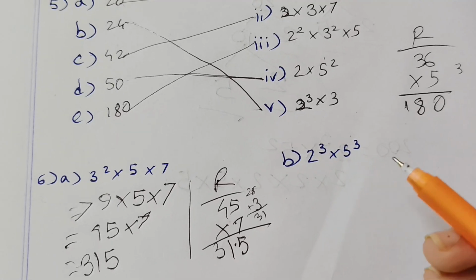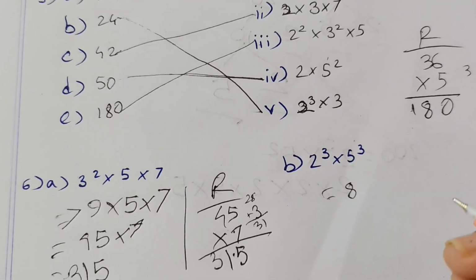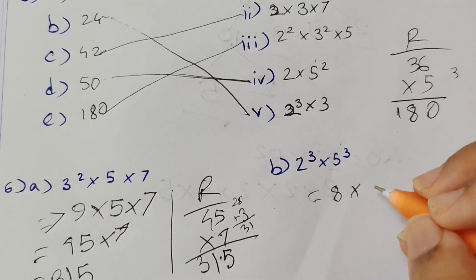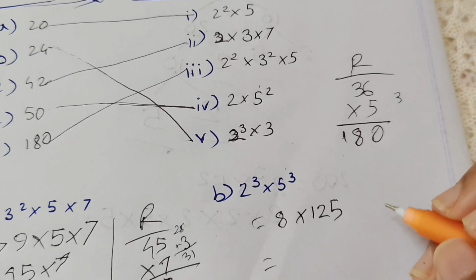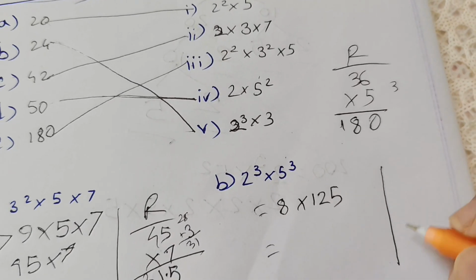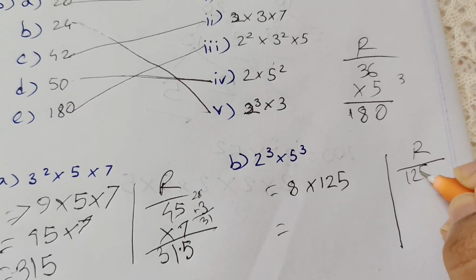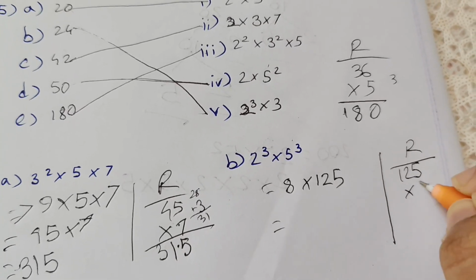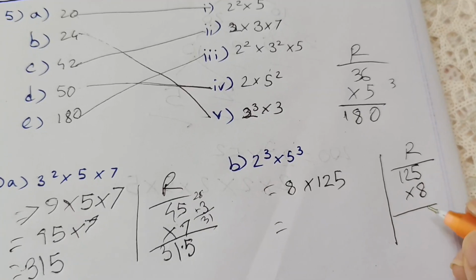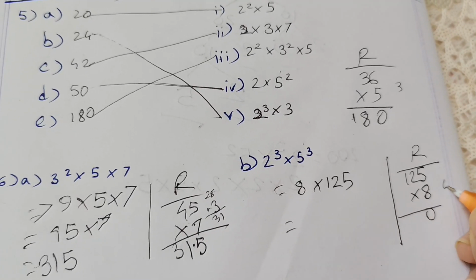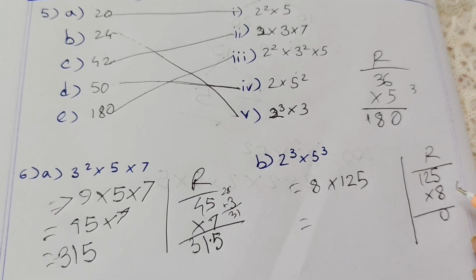Now let's do 6b. 2 cubed multiplied by 5 cubed. We know that 2 cubed is equal to 8 and 5 cubed is equal to 125. So what will be the product of them together? 8 multiplied by 5 is 40, leaving the 4 here. 8 multiplied by 2 is 16.